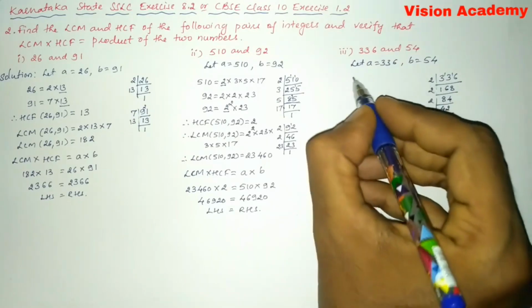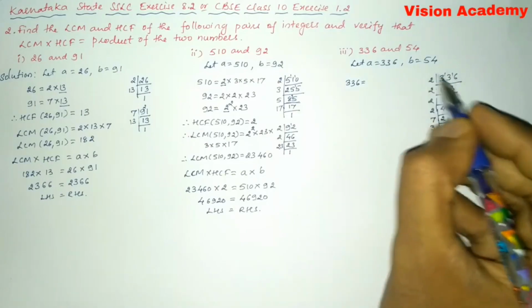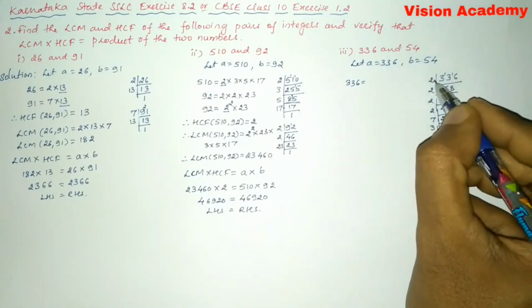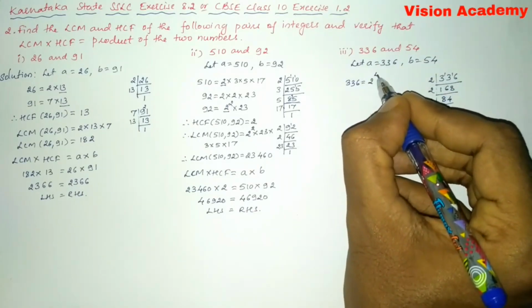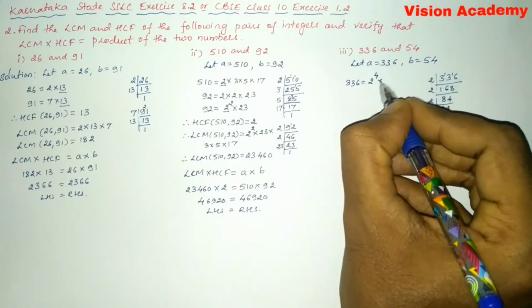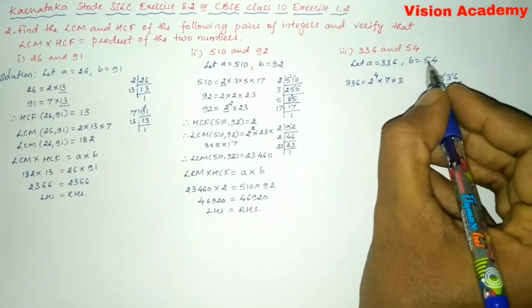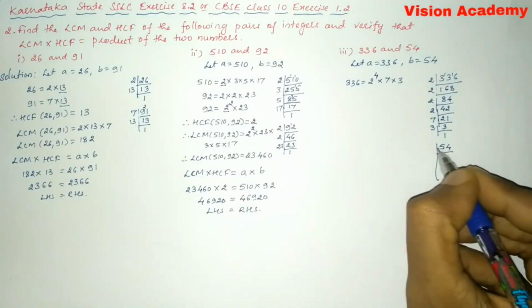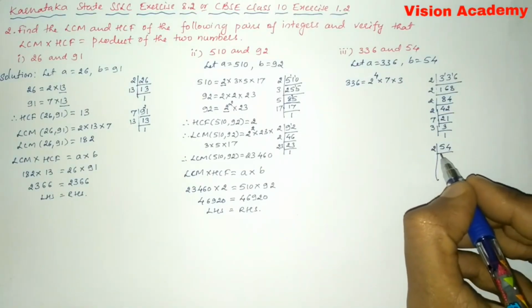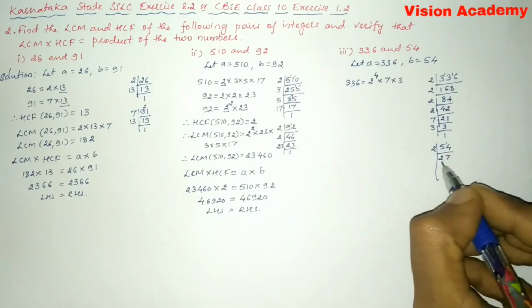Here 336 is the product of prime factors 2 into 2 into 2 into 2, that is 4 times 2, 2 to the power 4 into 7 into 3. Now let us write 54 and divide this number by the first prime factor 2. 2 2s are 4, 1 remains, 2 7s are 14.